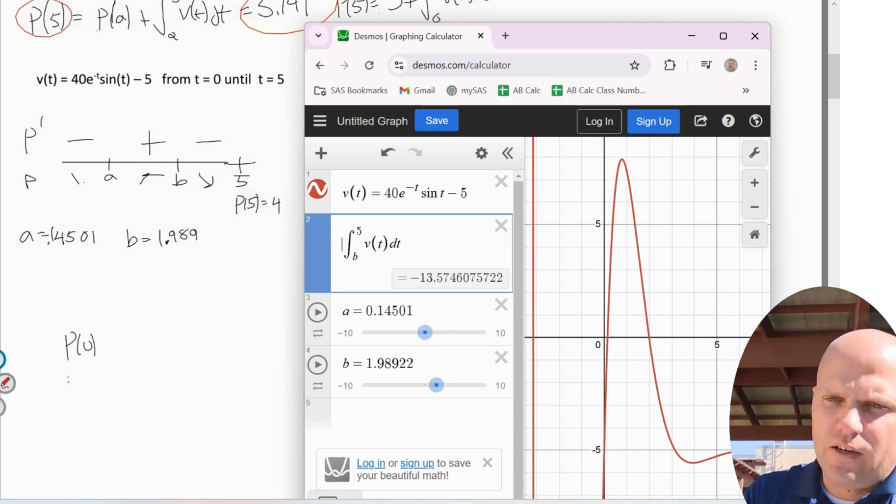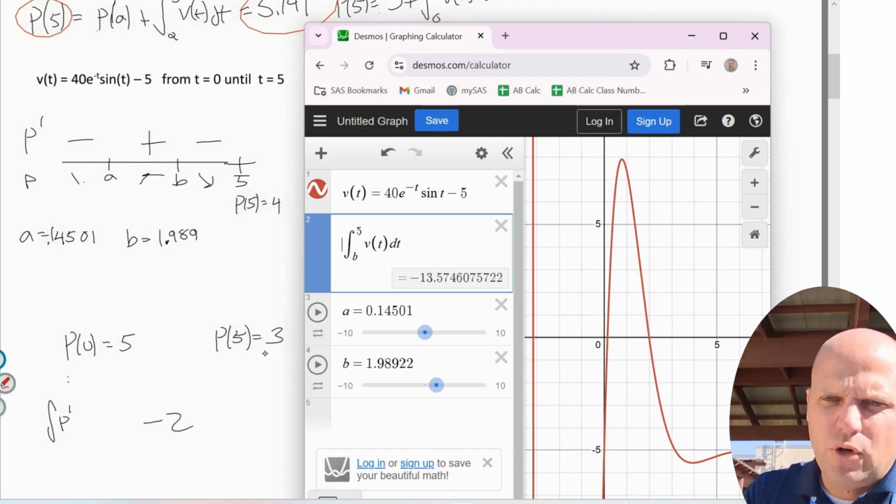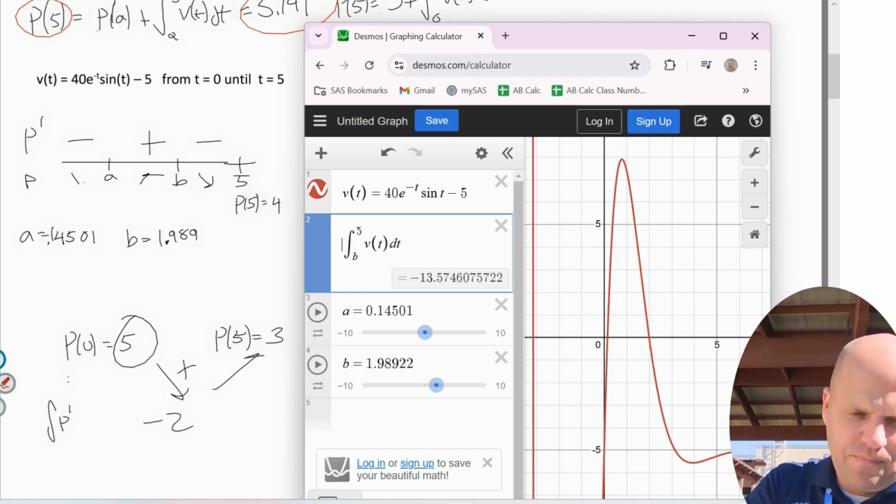Let's just talk about a scenario. If you have a position at time 0 is 5 and a position at time 5 which is 3, you know that over those 5 seconds, you've decreased 2. Cool? So like, boom, these 3 work together. We can see this plus this equals that, right?